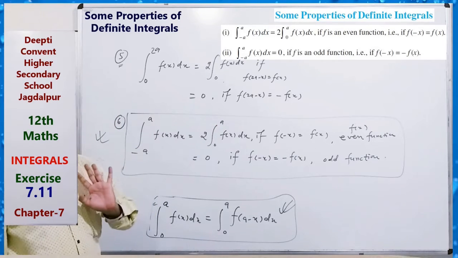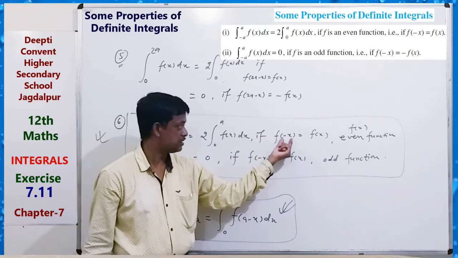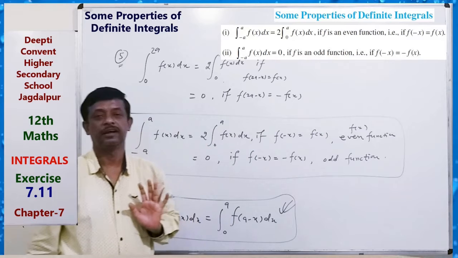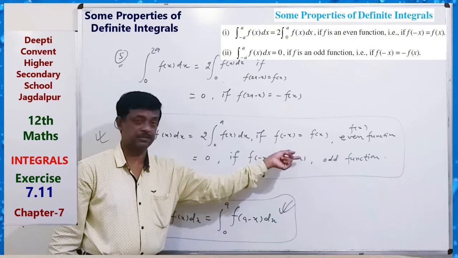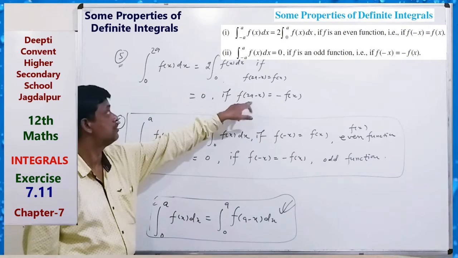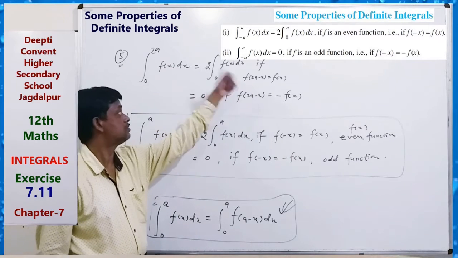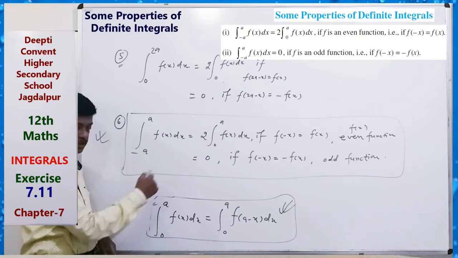If even, it means f(minus x) equals f(x). In an odd function, f(minus x) equals minus f(x). If odd, then this equals 0. So these two properties are very useful, for minus a to a or 0 to a.